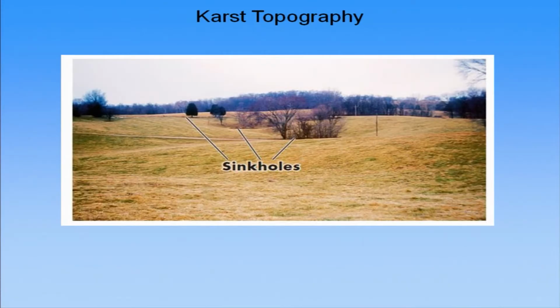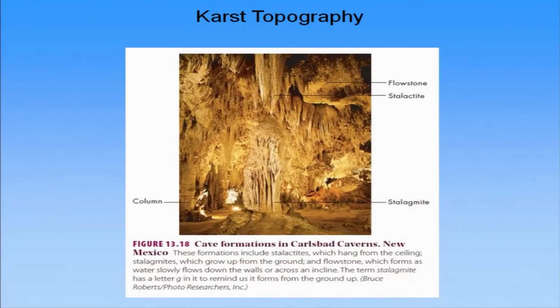Another example of Karst topography is seen mostly in the caves, mainly the formation of caves, where you will see the formation of stalactites and stalagmites.